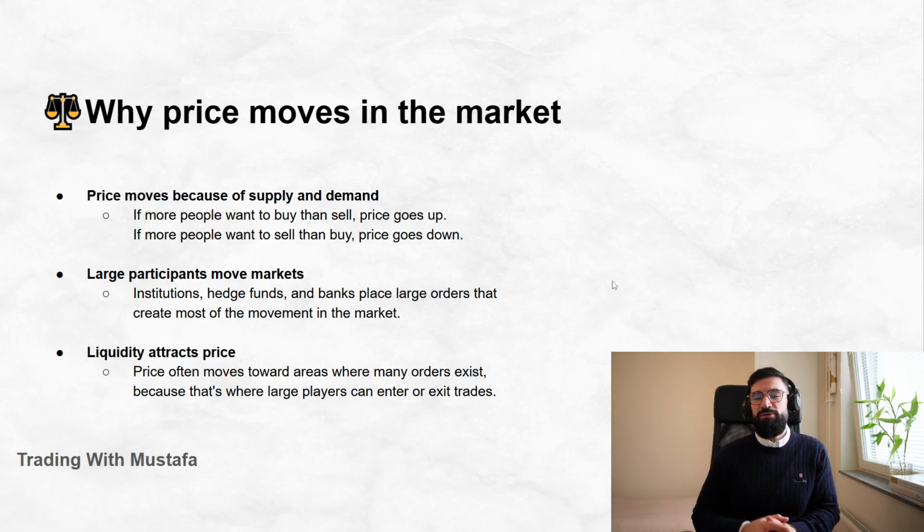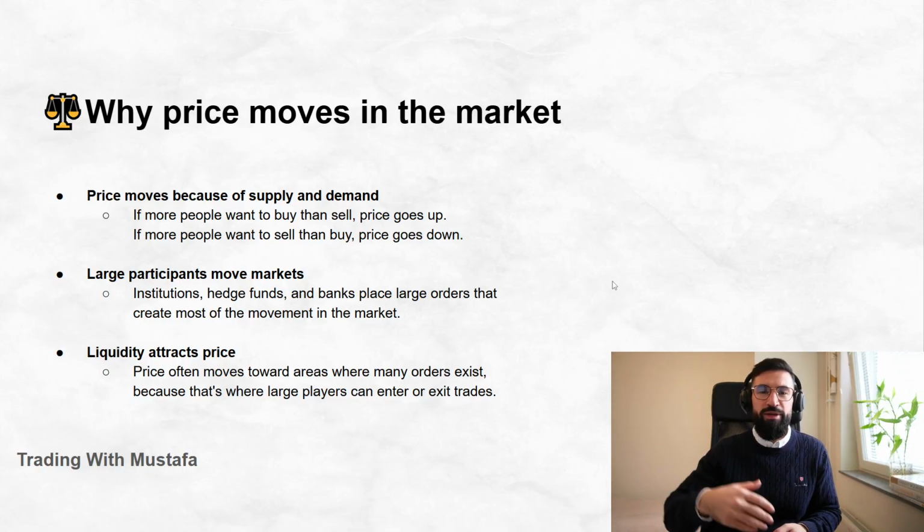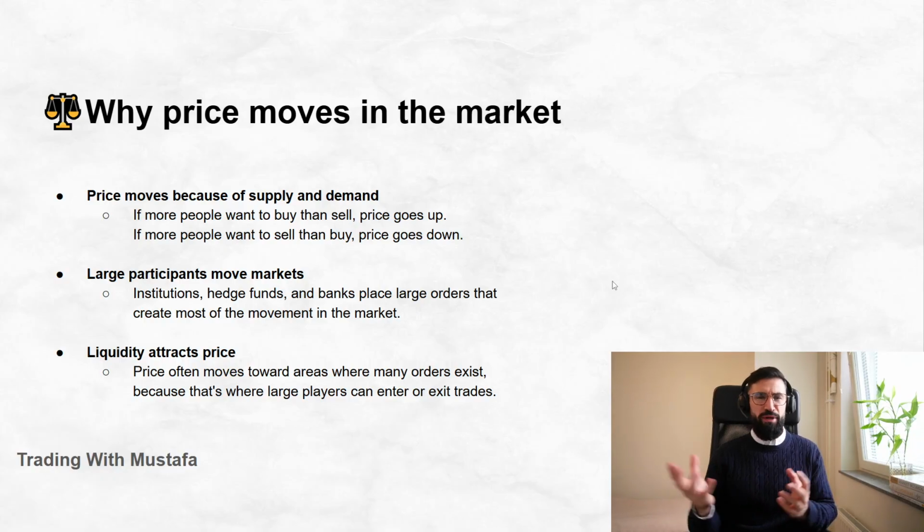So why does price move in the market? Price moves because of supply and demand. Let me give you a short example. There is this monkey right now, right? People have emotional attachment to the monkey. The monkey was playing in the zoo with the other monkey, and it's a doll. They sell it at IKEA. So this monkey costs like $3, right?